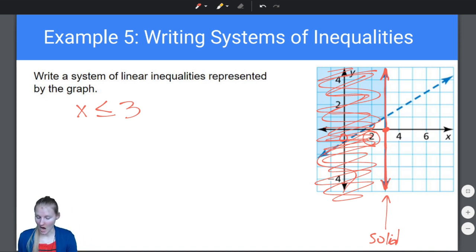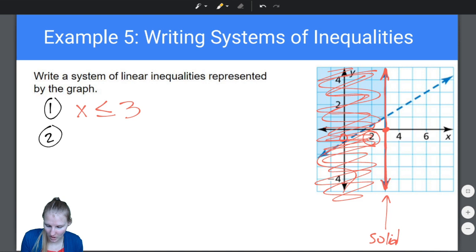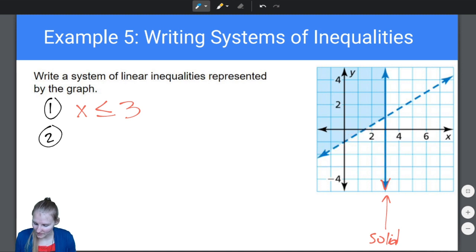Okay, I'm going to erase the red so that we can see enough for the blue inequality. So, if you need to pause the video and finish taking these notes, do it. I'm going to erase it so that we can look at this dashed blue line here.